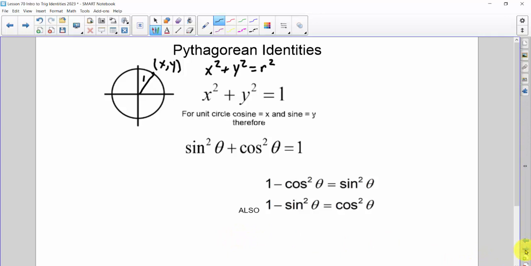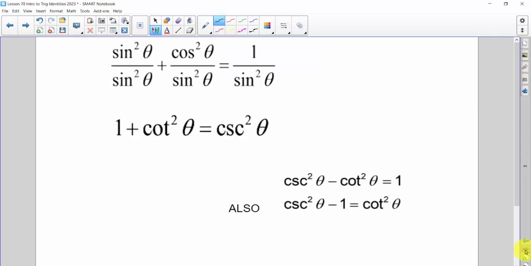Now there are more Pythagorean identities. If we were to take sine squared plus cosine squared is equal to 1 and divide each term by sine squared, I get 1. Cosine over sine is cotangent, but it's squared. And 1 over sine squared we just talked about, that's the reciprocal, and gets me a cosecant squared. So here's another Pythagorean identity.